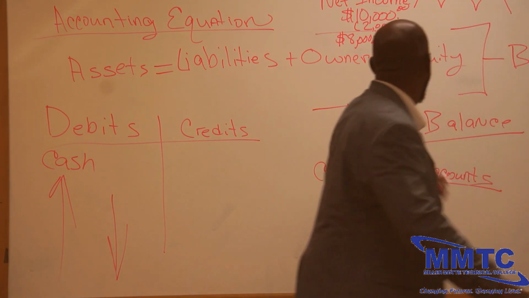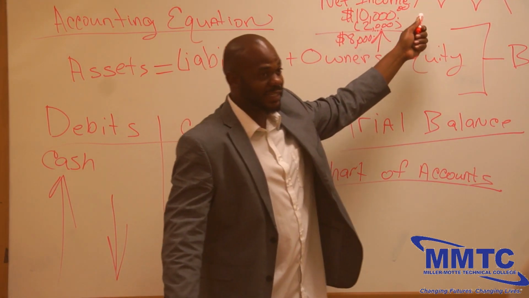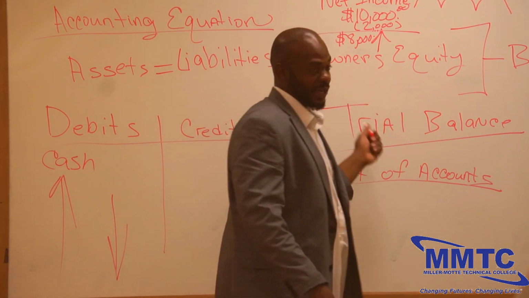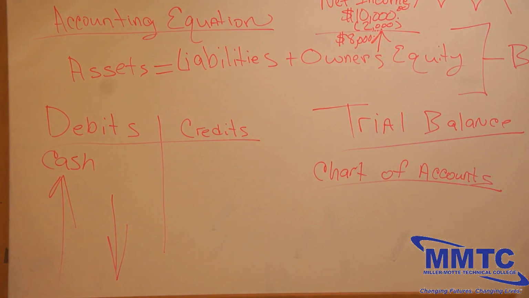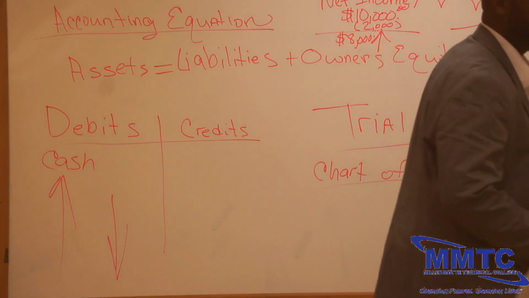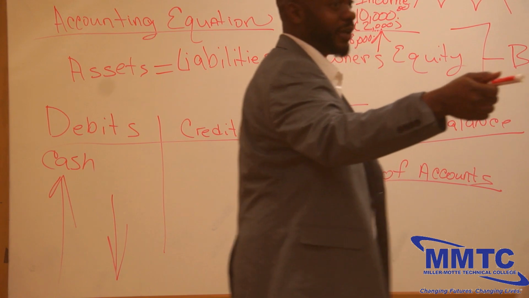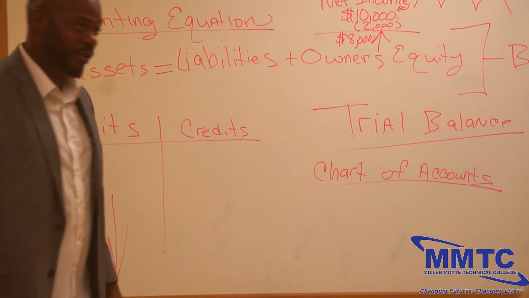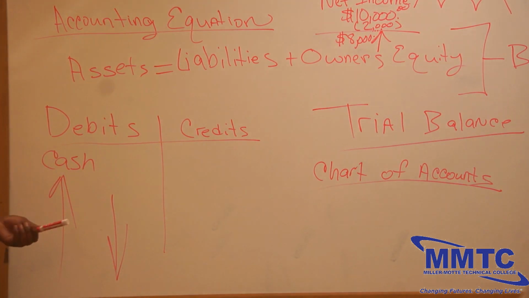A revenue account is on the owner's equity side. Revenue minus expenses. So I'm going to debit cash, credit my revenue account, because of my double entry rule. Double entry says that you can't only account for the cash. You have to credit the other side as well. What was the cash for?